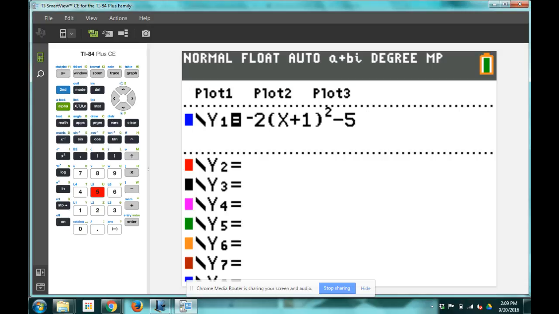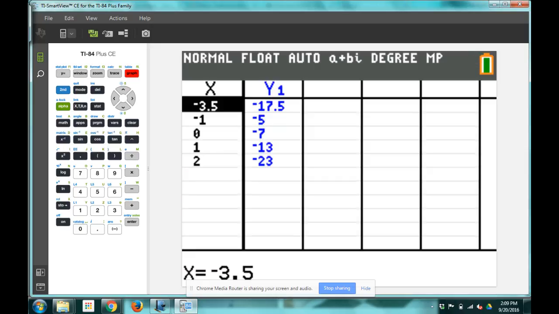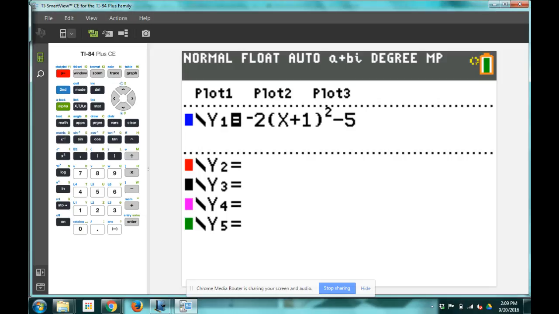Now, once you've got that typed in, you're going to hit second and then graph to get to this table. To type that equation in, you type in -2 parentheses. The X is right there beside alpha.